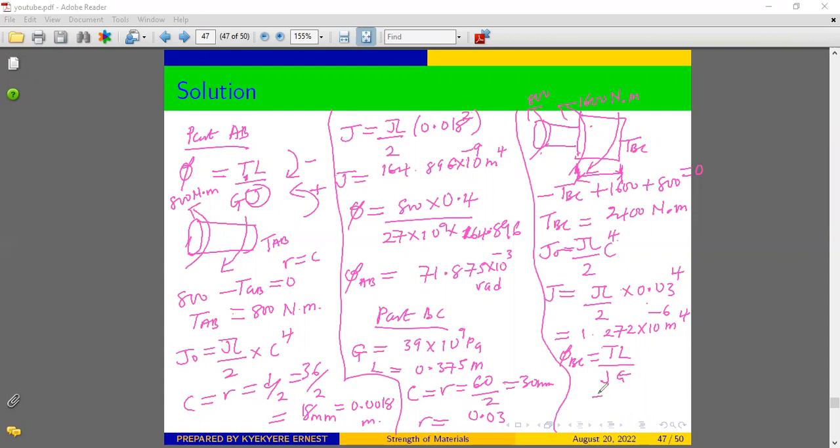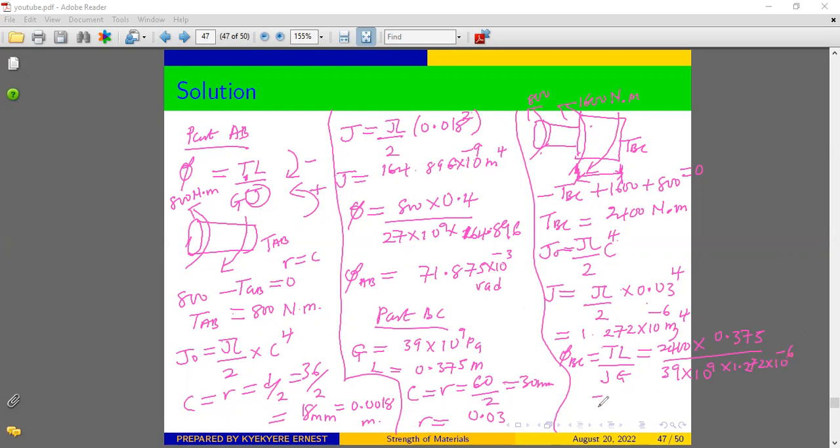So from here, we can get, whatever is that, equal to 2,400 times 0.375, which is the length, over 39 times 10 to the power 9 times 1.272 times 10 to the power -6.